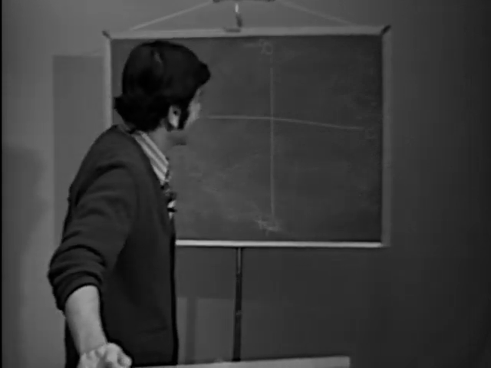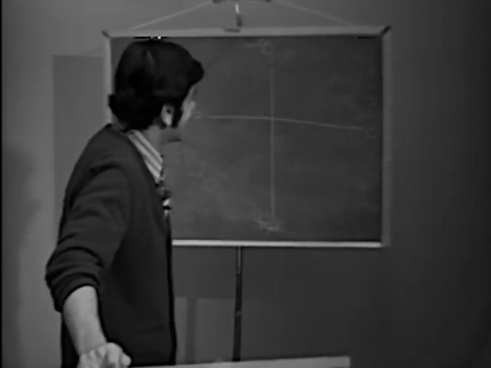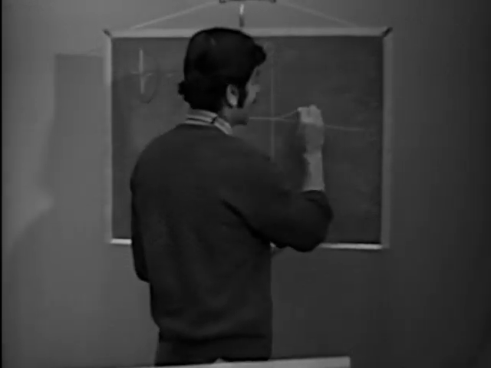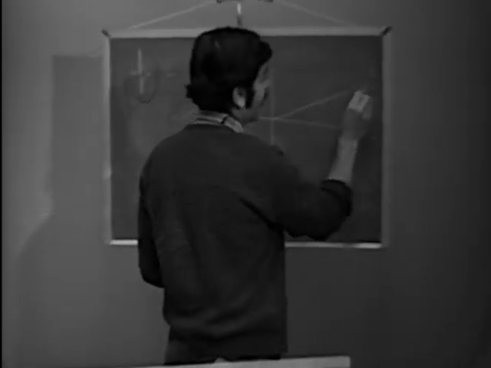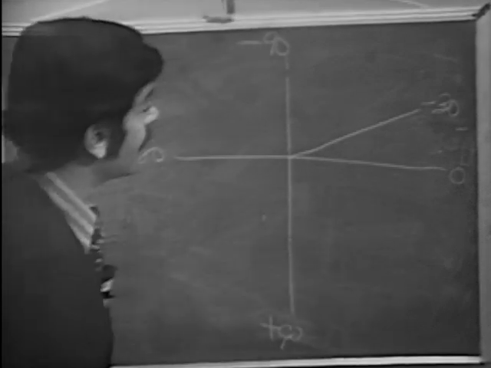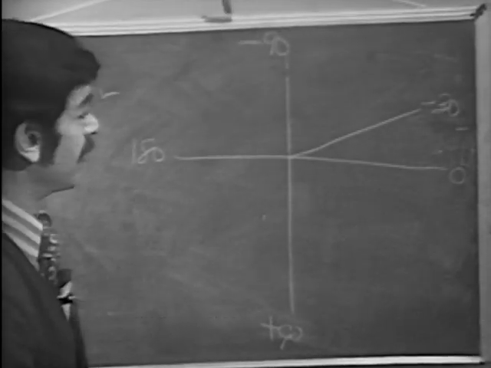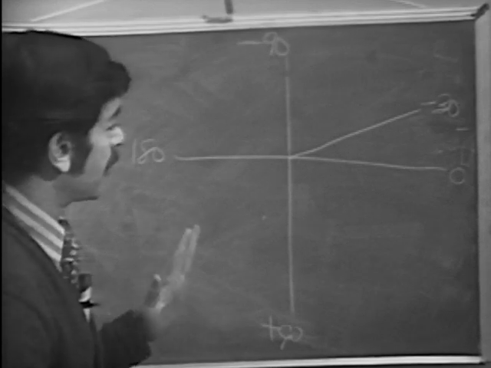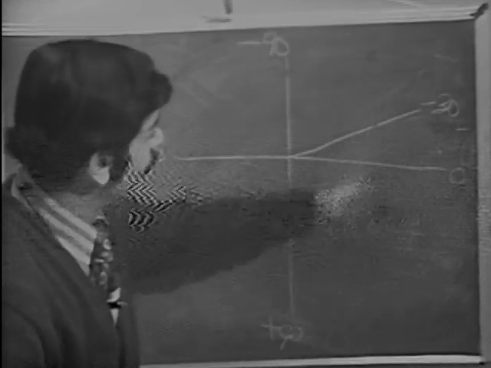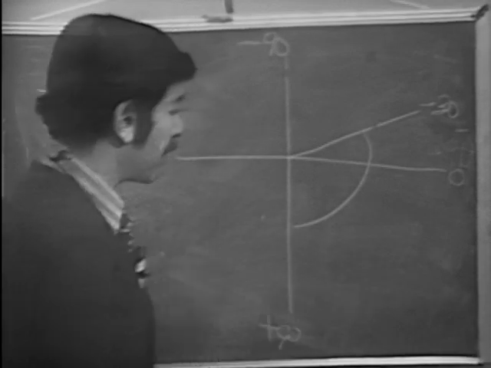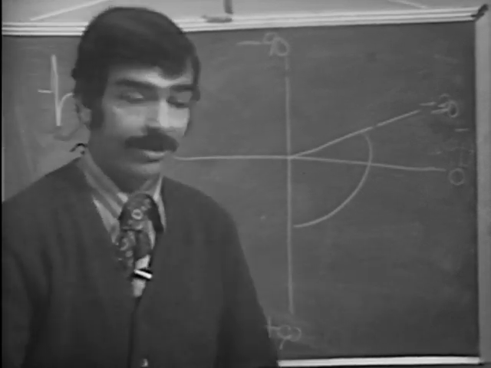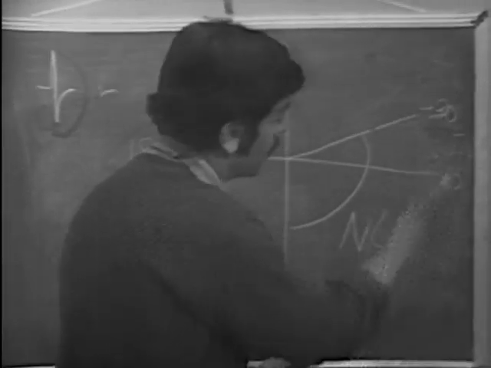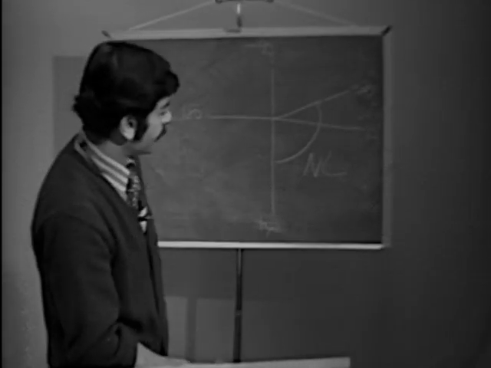Then here we have a minus 30. That would be minus 30 instead of plus 30, as I indicated before. Now suppose you have a QRS that falls into this quadrant. That's the normal quadrant.